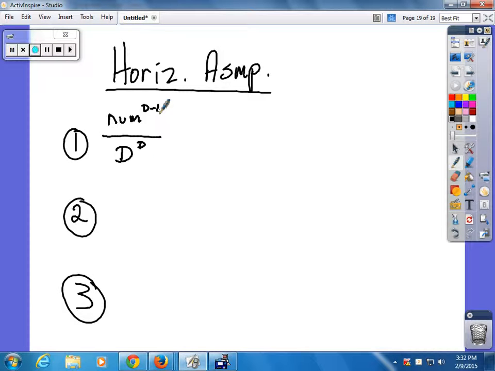I'll give you an example: x over x squared. Is that a lesser degree? Yes. The degree of the numerator is the first degree. The degree of the denominator is what? Second degree, thank you, class.